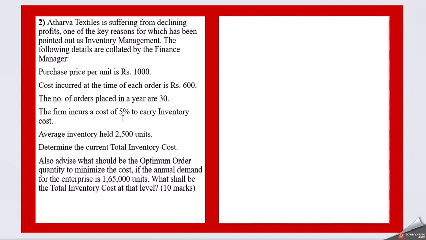The firm incurs a cost of 5% to carry inventory. Average inventory held is 2,500 units. Determine the current total inventory cost. Also, advise what should be the optimum order quantity to minimize the cost. If the annual demand for the enterprise is 1,65,000 units, what shall be the total inventory cost at that level?